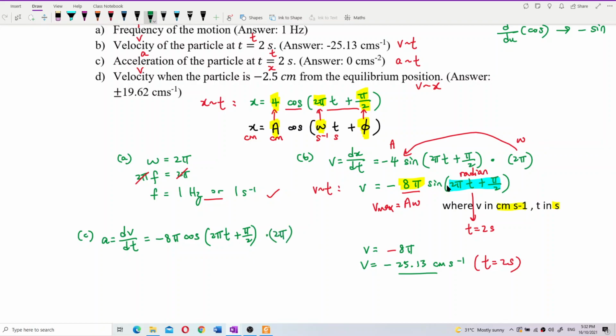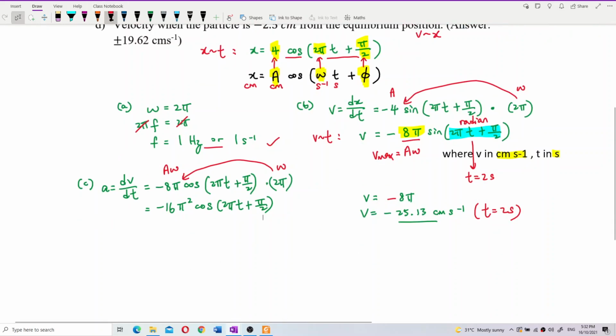So again, as before, this is omega, and this omega is multiplied to the front, and that's why we have negative 16 pi square cosine 2 pi t plus pi over 2.